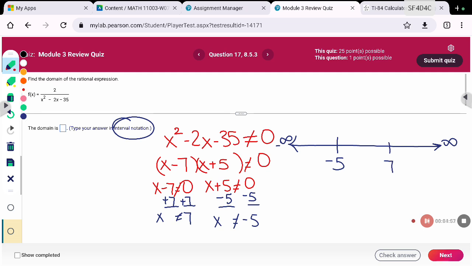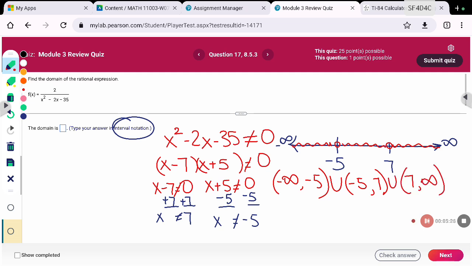Because now I can see the 3 intervals: negative infinity to negative 5, negative 5 to 7, and then 7 to infinity. So negative infinity to negative 5, in union with, that in union with symbol is in your math lab toolbox, negative 5 to 7, in union with 7 to infinity.